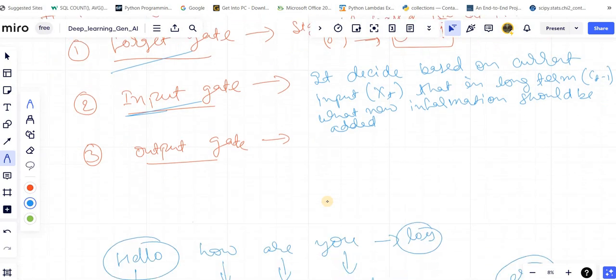Now let's understand the output gate. I'll come to the architecture again.